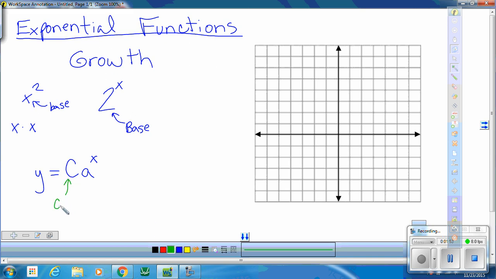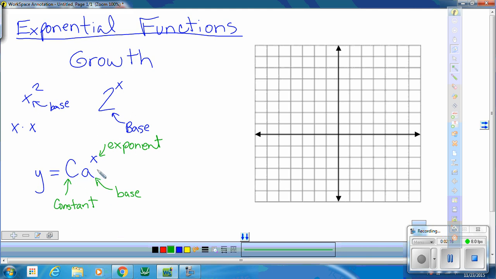This is our constant, or our coefficient. It is a number. It is a multiplier. It's being multiplied times this. a is the base. Vocabulary. And then this is our exponent. So just to remember, a is being taken to the x power. And then it's being multiplied by c.